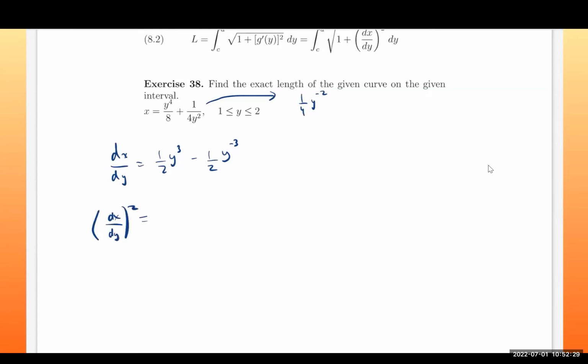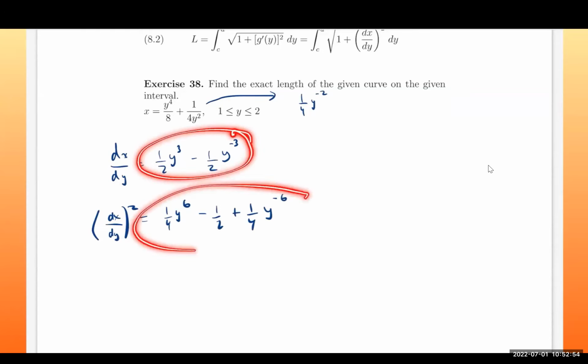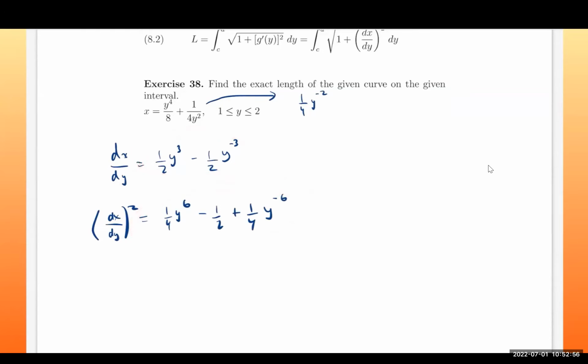Squaring that will give us, what is that going to be, 1/4 y to the 6. That's going to become negative 1/2, and that's going to become positive 1/4 y to the negative 6. You can verify that. If you square this binomial, you will get this.